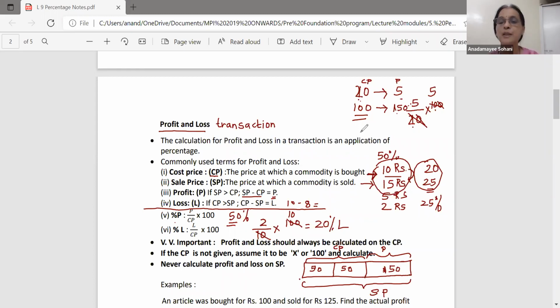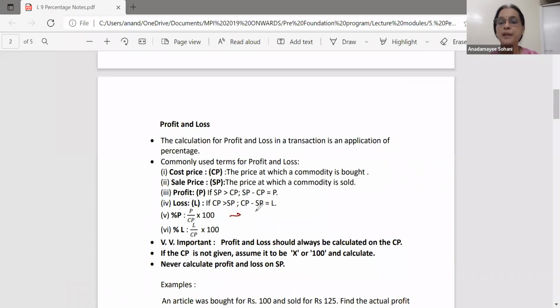Understand this very, very important method. 50% means 50 is half of 100. So I will make 2 compartments of my cost price, 1 compartment of profit, wherever it is a 50% profit transaction. So if I'm selling a commodity at 33 rupees with 50% profit, I will divide my sale price in 3 compartments.